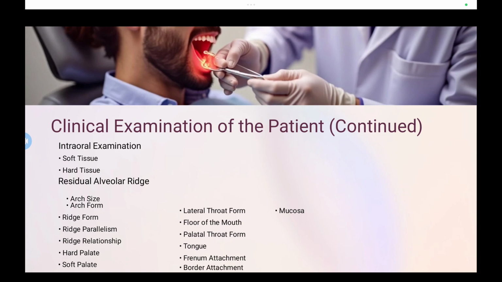Class 3 usually accompanies a small maxilla; the curtain of tissue turns down abruptly 3 to 5 mm anterior to a line drawn across the distal edge of the tuberosities. So these are the classifications, class 1 to 3, of palatal throat form.